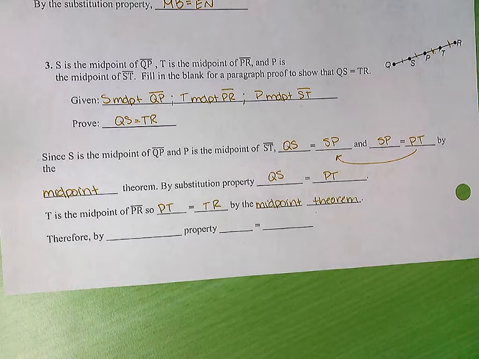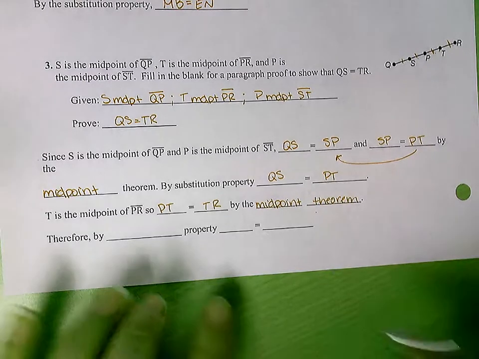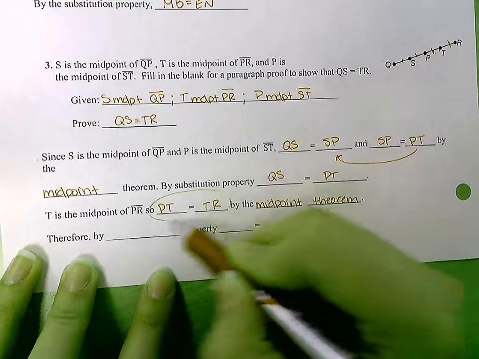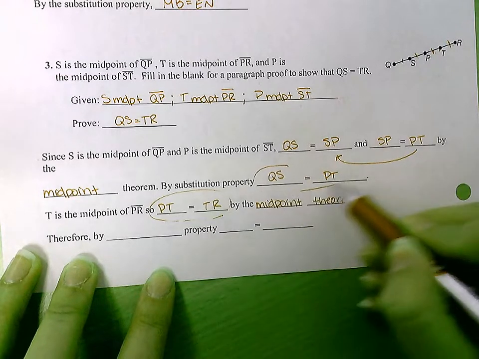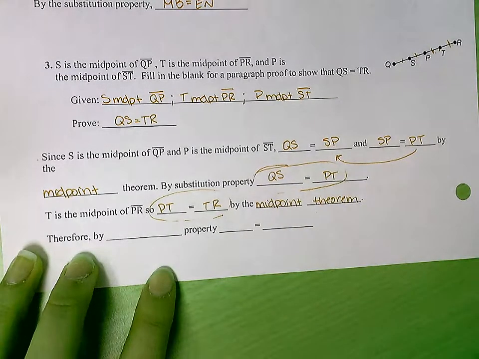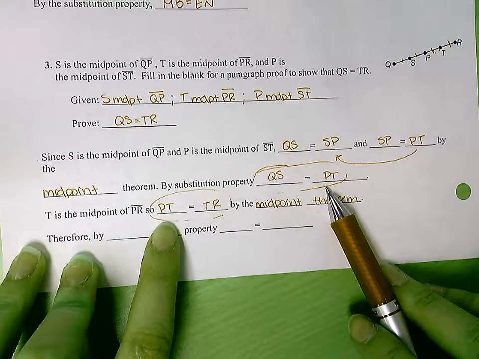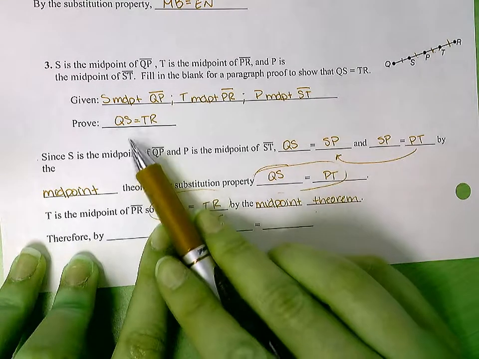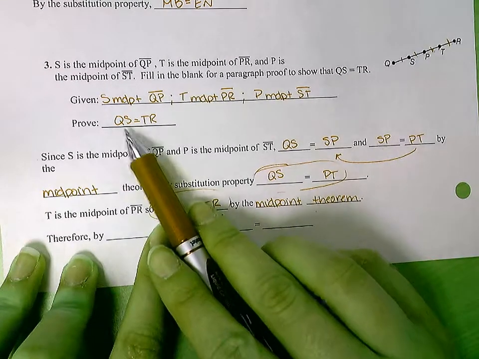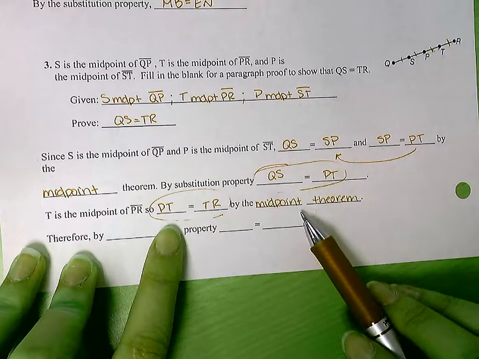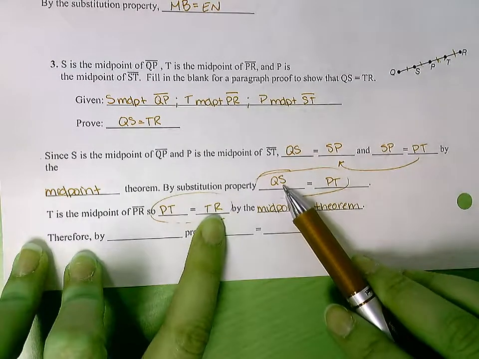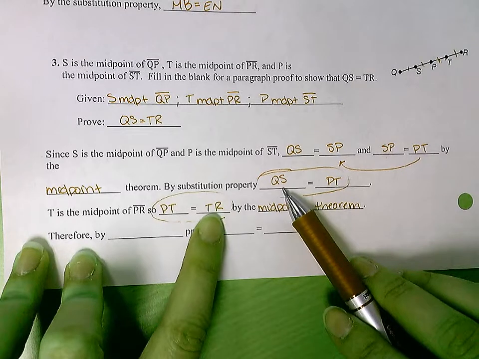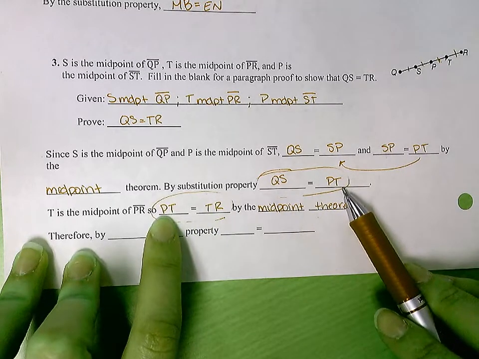Now I need to look back up in my proof to see which lines I haven't used yet, just like you did with your 2-column proof. I haven't used the one I just found or the one I found using substitution. So I'm going to look at those. I'm going to look back at what I have to prove. So I need to prove QS equals TR. Well, I have QS and TR in both of these, but both of those are also equal to PT.